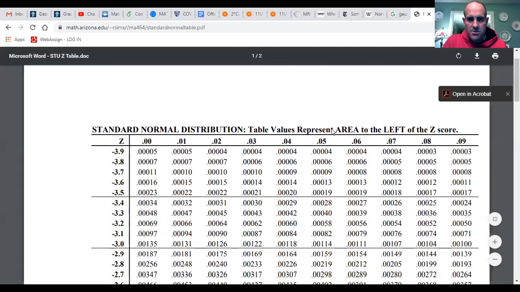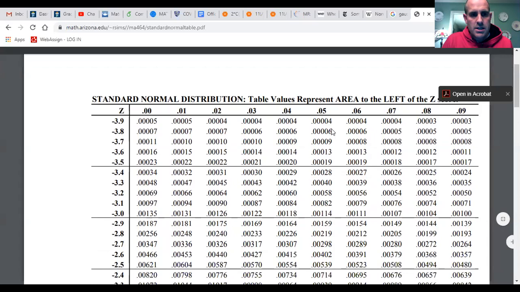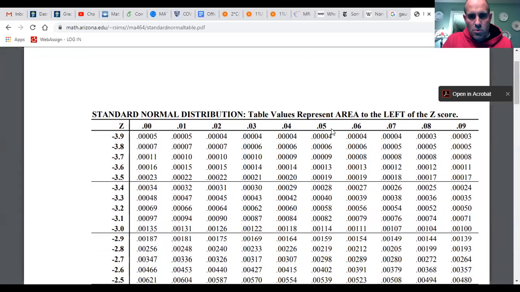All right, so here is that linked table that was in the slideshow, in Excel. The way this works is it gives these Z values down the left-hand column. And some of these are negative, remember, because the mean is equal to 0, that's right in the middle.